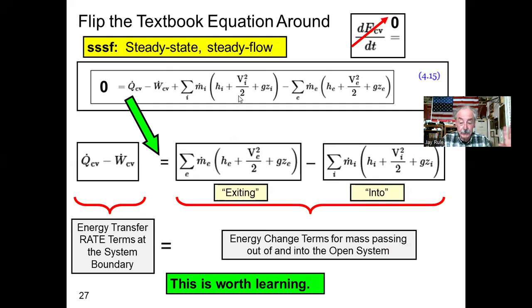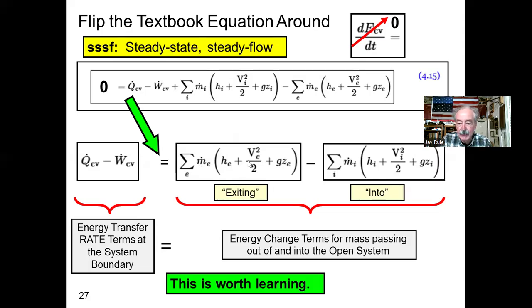Now, the next thing I do is simply flip the left and right-hand sides, because in my head, I can keep these energy transfer rate terms straight for some reason if I've got them on the left-hand side. So I've got Q dot in minus W dot out on the left side, the energy balance, equals the other energy change terms. I've got the sum of the m dot exiting, h exiting, kinetic energy, potential energy exiting.